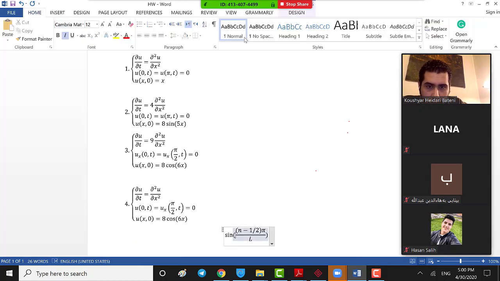Now, the eigenfunction for the 1D heat equation type 3 would be this: sine of (n minus 1 over 2) pi over L. So for this specific case, case 4, the eigenfunction for L equal to pi over 2 is going to be sine of (2n minus 1) pi, right?